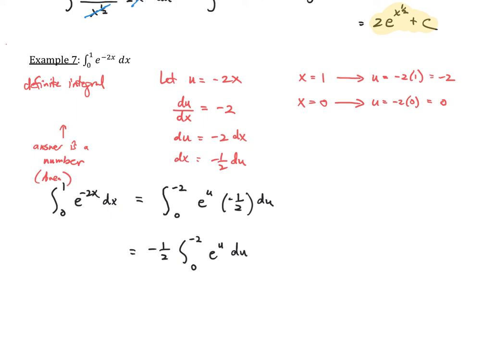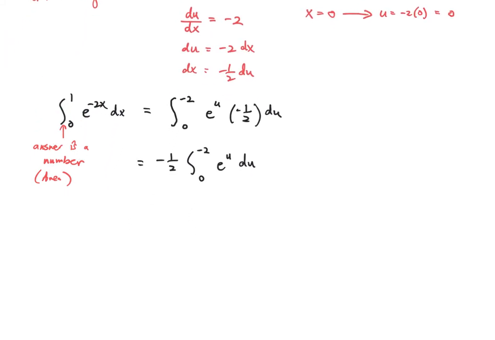And some of you might look at this integral and be bothered because 0 is actually larger than negative 2. So what we can do is interchange these limits of integration. When we interchange those limits, in other words, if I put an integral from negative 2 to 0 of e to the u du, you're going to pick up a negative sign anytime you interchange the limits of integration.